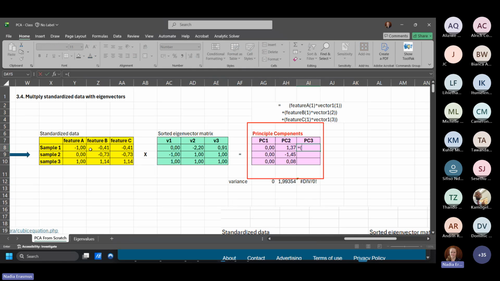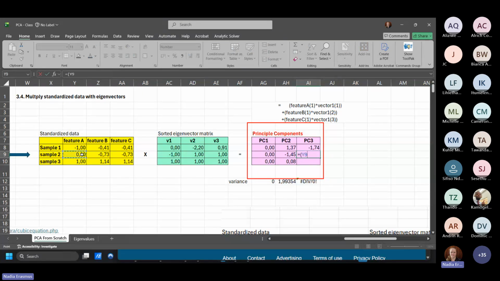Okay, so it is feature A multiplied by the first value in the vector plus feature B multiplied by the second value in the vector. So this is basically vector multiplication, guys. I can also share an extra video with you on how vector multiplication works and why I'm doing it like this.